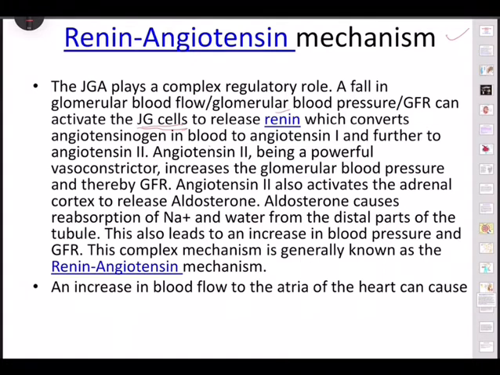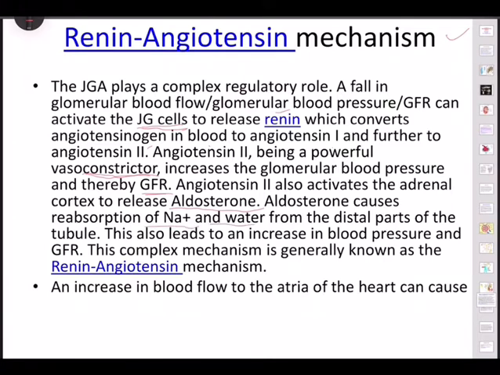Renin converts angiotensinogen in blood to angiotensin 1 and further to angiotensin 2. Angiotensin 2 being a powerful vasoconstrictor, look at that, vasoconstrictor, increases the glomerular blood pressure and therefore GFR. Angiotensin 2 also activates the adrenal cortex to release aldosterone hormone.